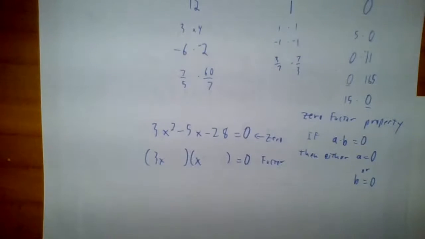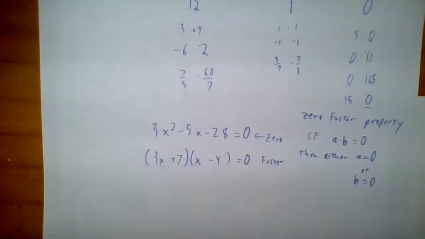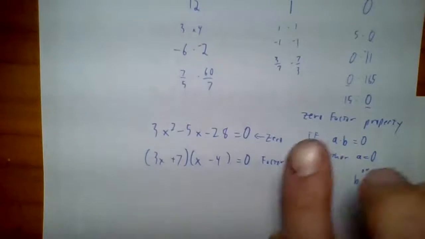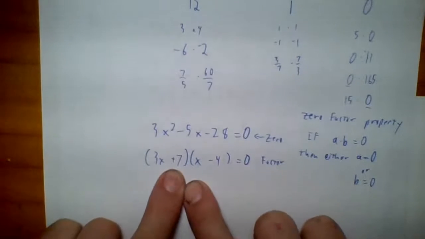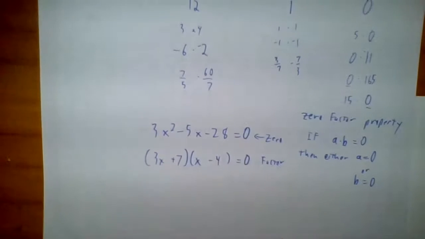So I got minus 4 and plus 7. Actually, yeah, okay, that works out. So did a little mental work there to think about what those factors would be, but those are the factors that work out. This multiplies out to negative 12x plus 7x, which is negative 5x, and then the negative 28. And so that works out as factors of that thing.